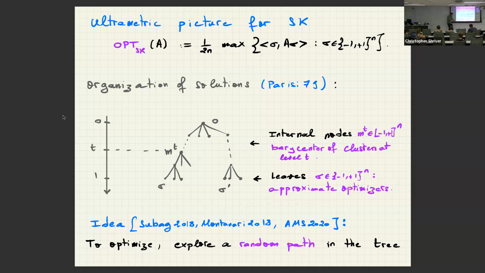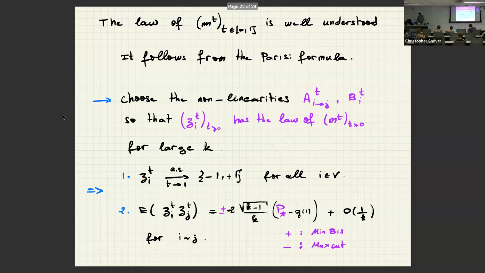You're averaging and then averaging subclusters. So the averages of the averages is the original average. That's what I wanted to say. So these are martingales, and we understand their law. And their law is given by the solution of this PDE somehow. So the law of these MTs is very well understood.